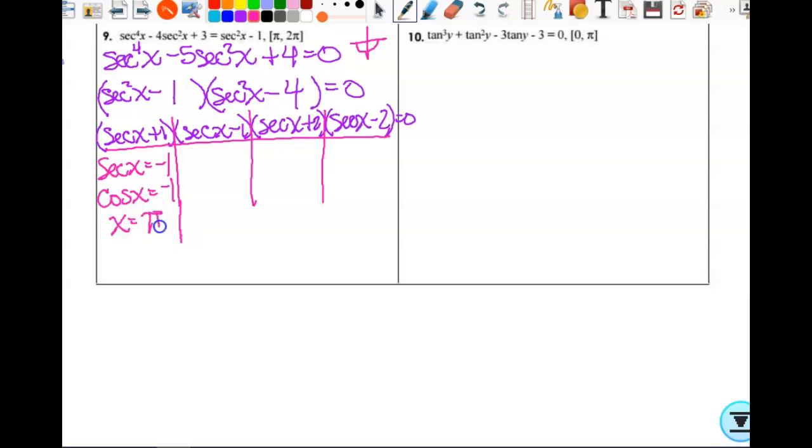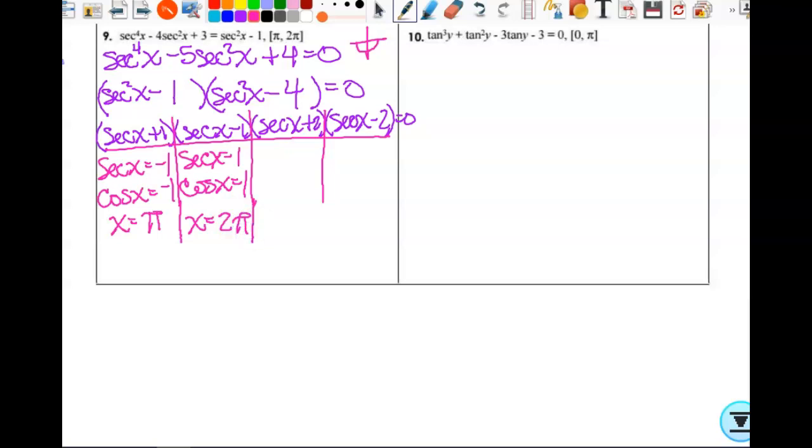At pi, good. So then here I have that secant of x is equal to 1. So cosine of x is equal to 1. From pi to 2 pi, when is cosine 1? 2 pi. I'm only going from pi to 2 pi, so my answer has to be 2 pi.